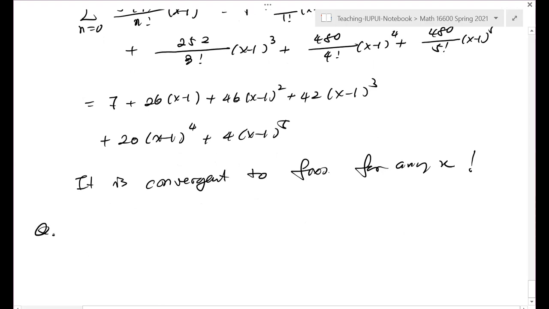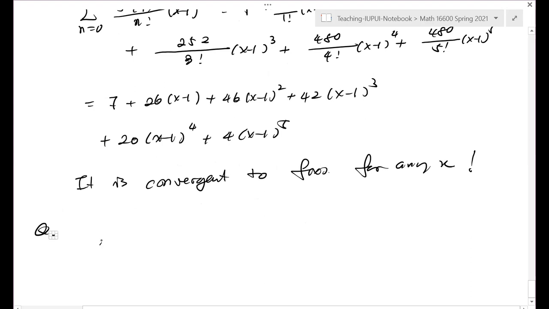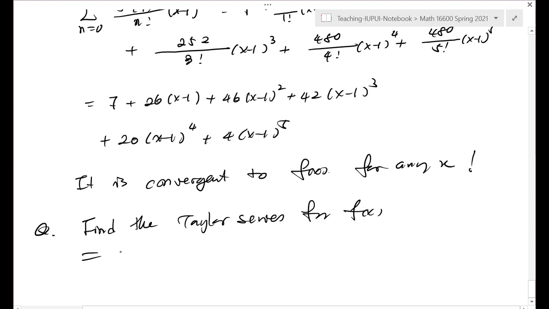Now, if the degrees are small, then we can solve the problem directly. You don't even need to find the derivative. Find the Taylor series representation for the function f of x equals 1 plus 3x squared plus 5x cubed at a equals 2.